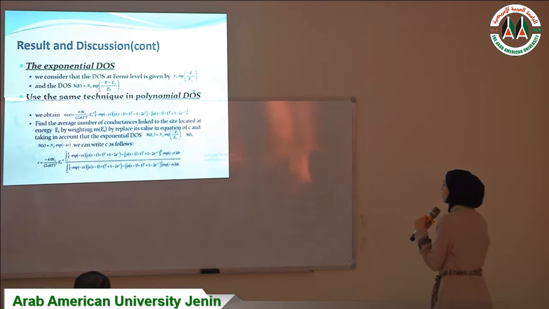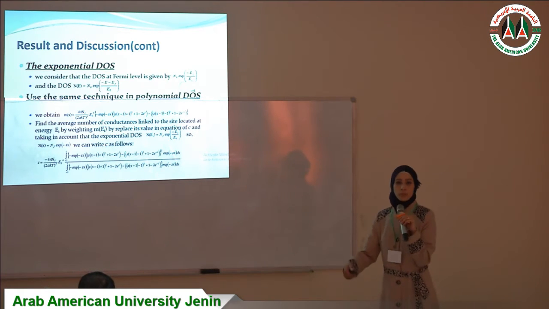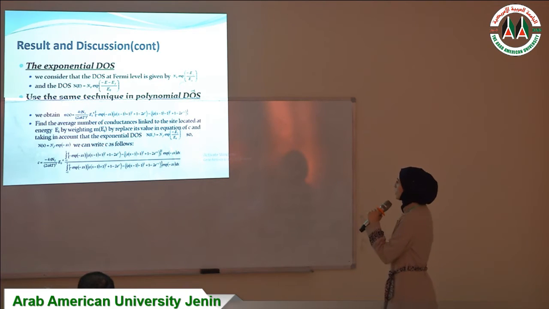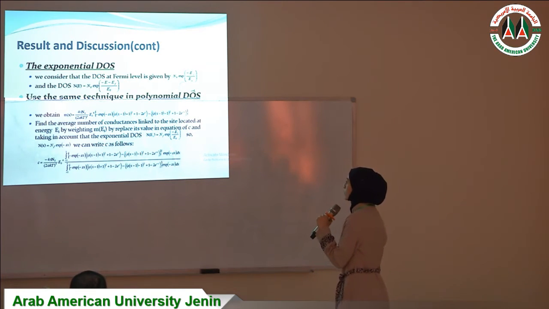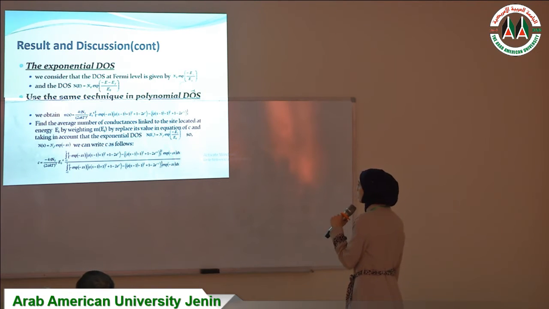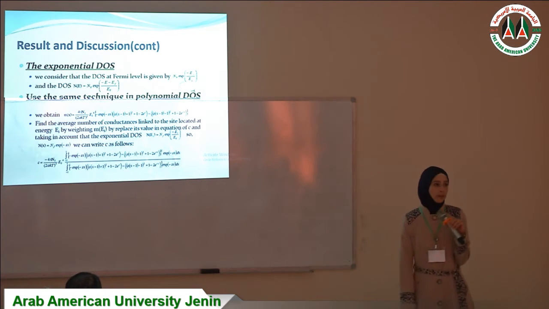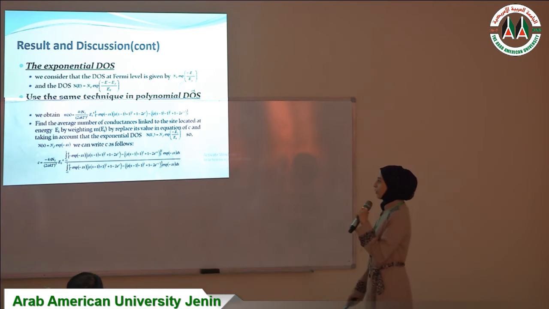Then, after many mathematical calculations, we obtain this formula of M(E) for the exponential density of states. Then we find the average number of links, and we account that the exponential density of states equals this formula. Then we can write C as the following formula.